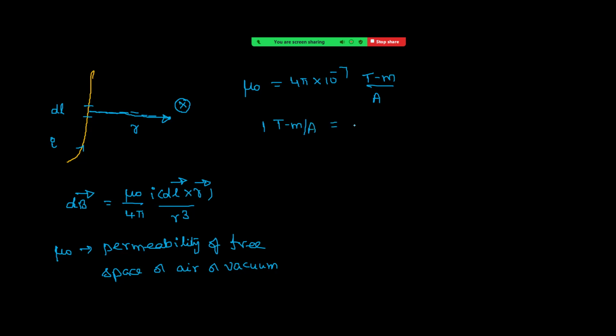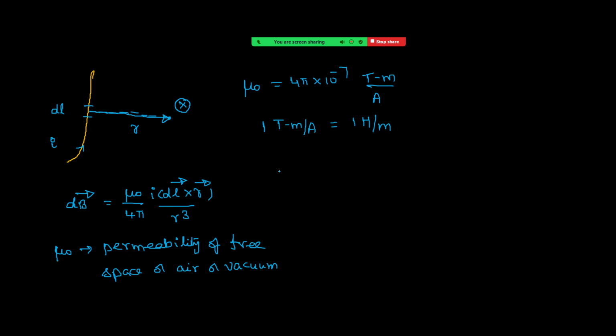1 Tesla meter per ampere is also known as 1 Henry per meter. Henry is the name of a scientist. And here we have one relation for mu naught and epsilon naught.